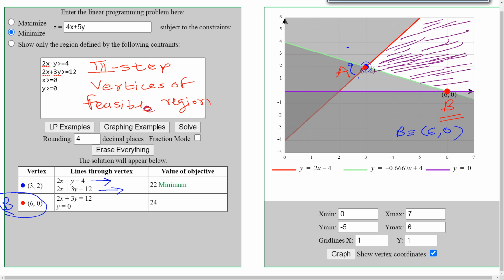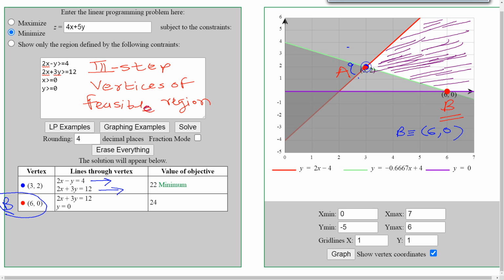In order to obtain the coordinates of point A, we have to use the formula. We have seen this formula for obtaining the intersection point of two lines.